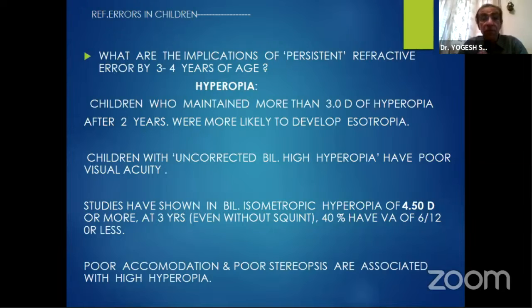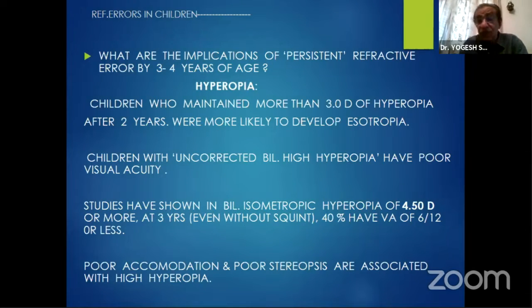You must know. Now, hyperopia. Children who maintained more than 3 diopters of hyperopia after 2 or 3 years of age were more likely to develop esotropia, accommodative esotropia. We know that with any hypermetropia of 2.5 or more, or even 2, we have seen patients even of 2 diopters, if they have an abnormal ACA ratio, they could develop esotropia even with 1 or 2 diopters.